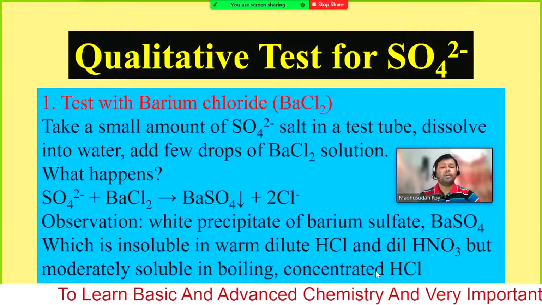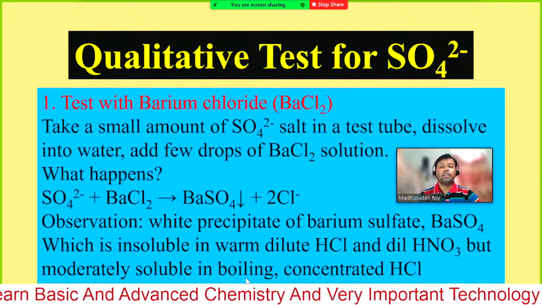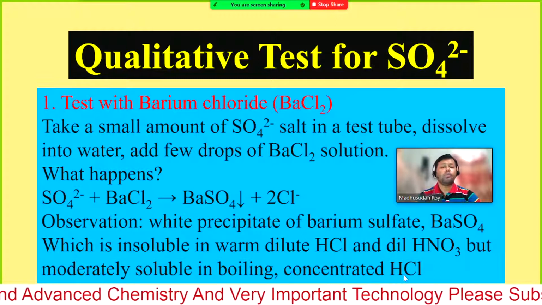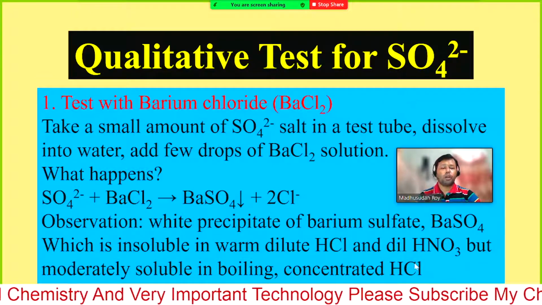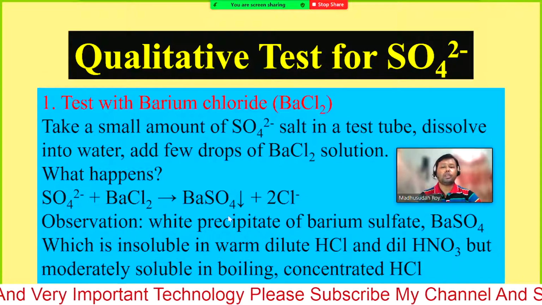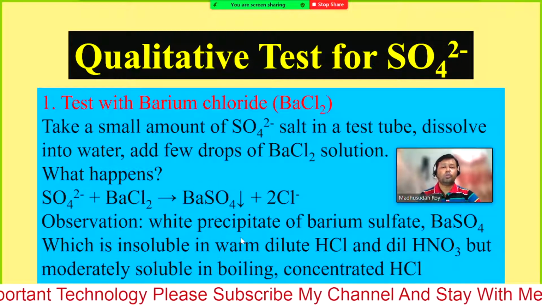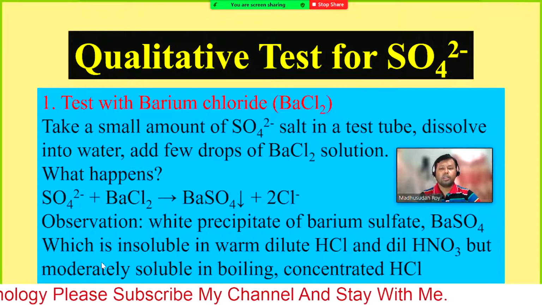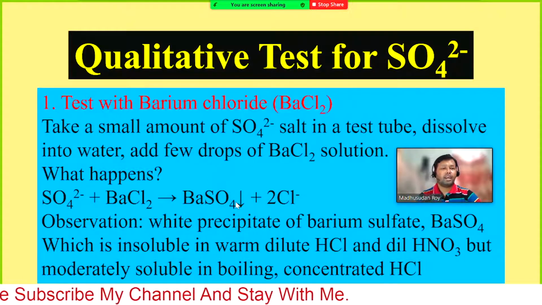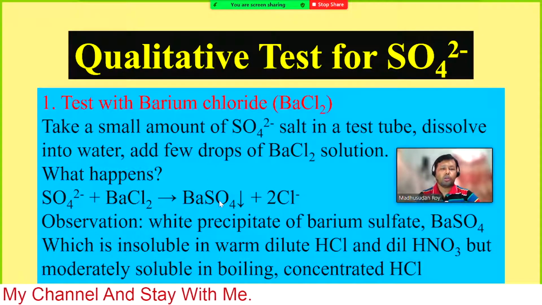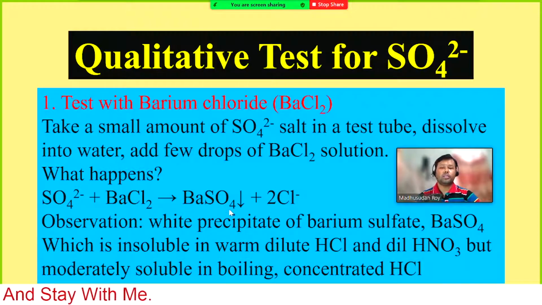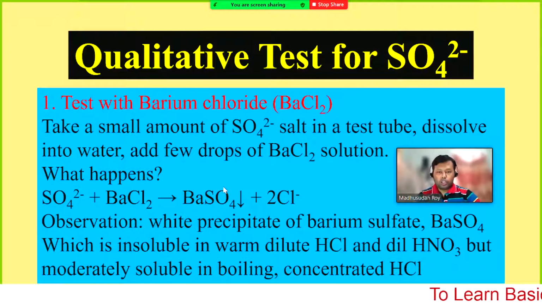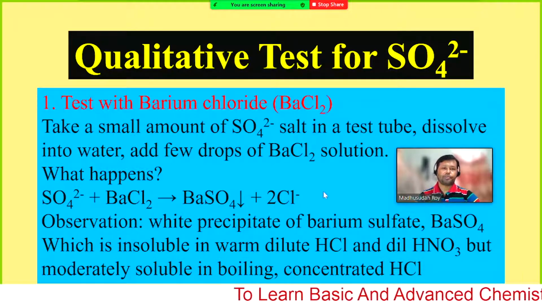So the reactivity of hydrochloric acid is very high in the concentrated case. So it can react with barium sulfate to form some other soluble products. So the barium sulfate is no more there, it dissolves into the solution, so it gives a little clear solution. That means it dissolves in boiling and concentrated hydrochloric acid.